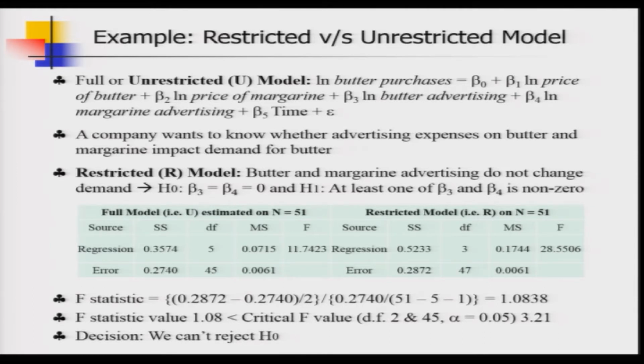There I am going to show you how you calculate the F statistic value. Here the formula I have shown you in the previous slide, you just search for those particular entities in these two regression ANOVA tables, and if you plug those numbers back in the formula, you get an F statistic value equal to 1.0838.